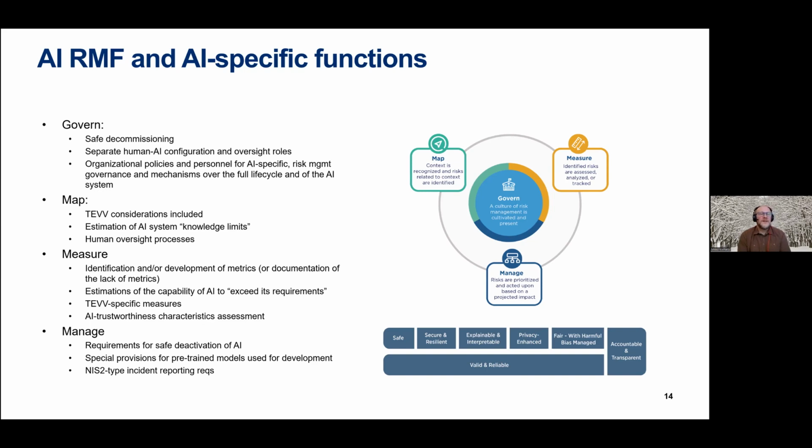The TEVV is visible throughout all the phases, and also there is risk estimation of AI during deployment or after deployment, of what it can actually do, especially with respect to this emergent behavior.